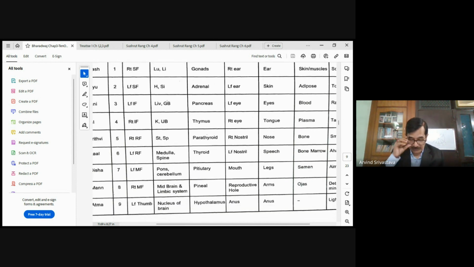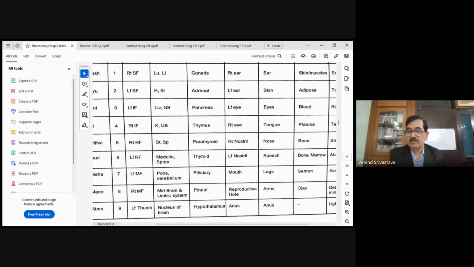And the last one, please change it for Atma. For Atma, this is written here, I think, anus. It is not there. It is the urinary and reproductive organ. Urinary, please make a change over it.